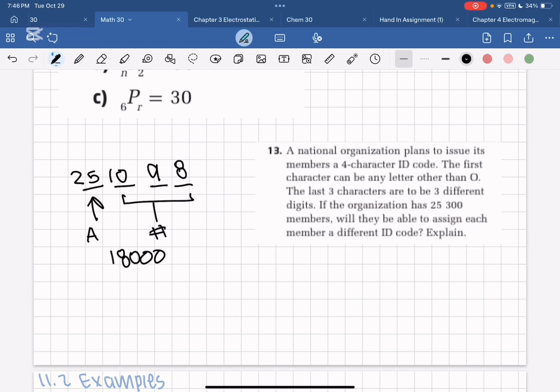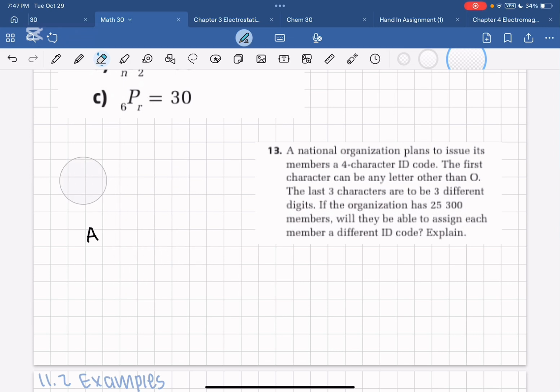However, that's not the number that the question is asking for. It's asking if they'll be able to assign each member a different ID code. But it has 25,000 members. And with only 18,000 codes possible, there will not be enough codes to give everyone a unique number.